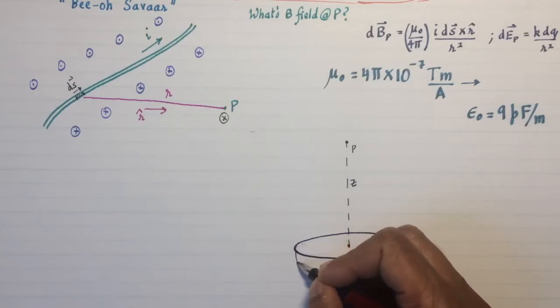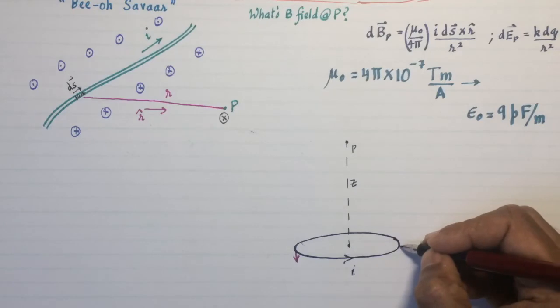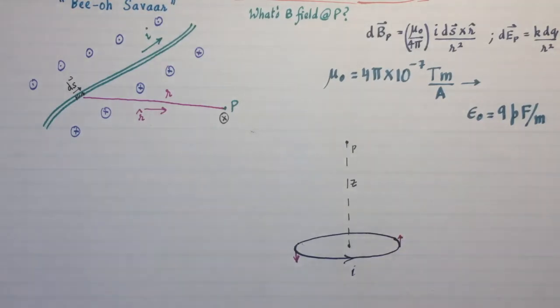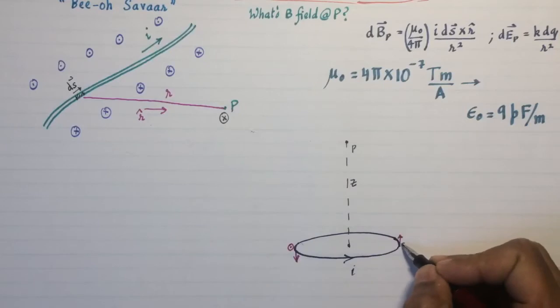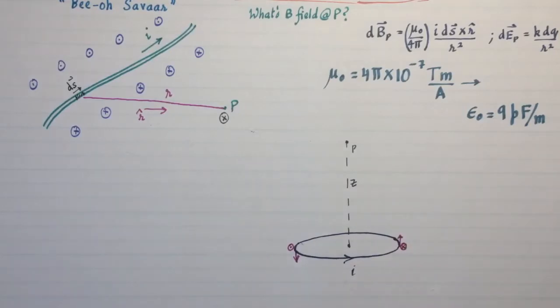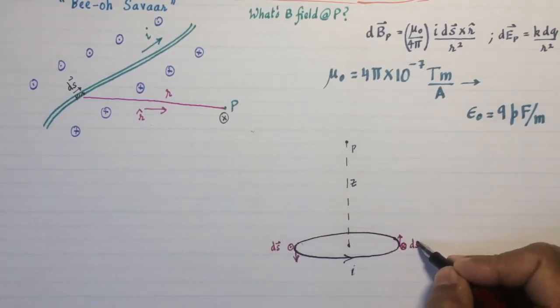So this ds vector comes out like this here and goes into the page like that there. Technically I should draw the ds vector as coming out of the page, which means like that, and into the page, which means like this, just to be more precise. So that's the ds vector, and that's the ds prime vector.